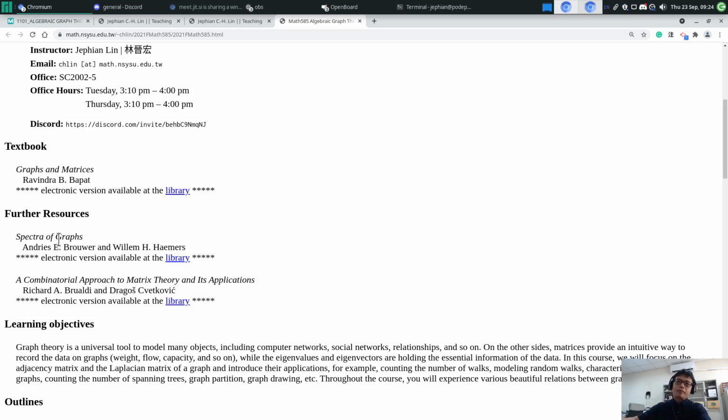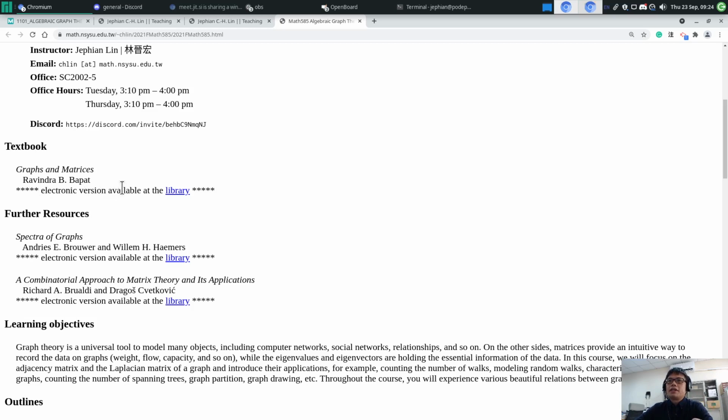And here are some great resources, and this is some nice thing that our university is doing well. Well, not all of them they are doing well, but this one is good. So this is the textbook, Graphs and Matrices. It is published by Springer, and the author is Bapat, an Indian mathematician, quite a nice mathematician.